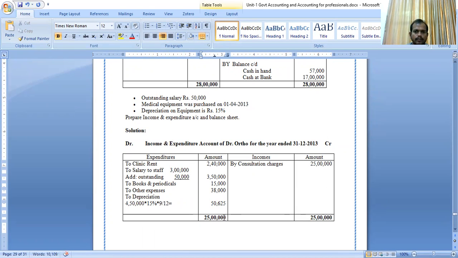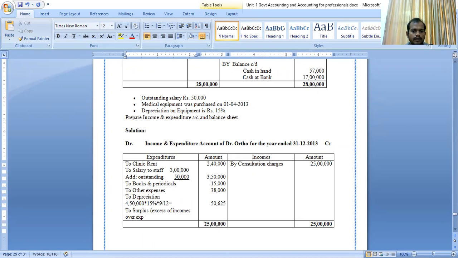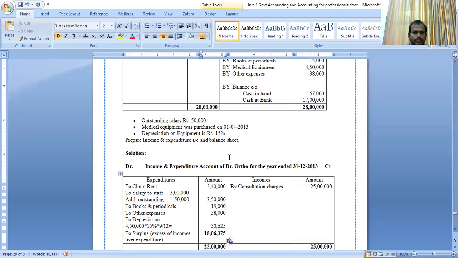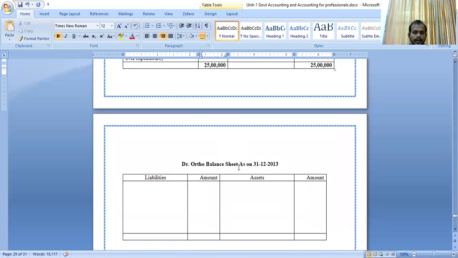So we have the surplus, that is the excess of income over expenditure. That is 18 lakh 6,375. So now we have to prepare the balance sheet.